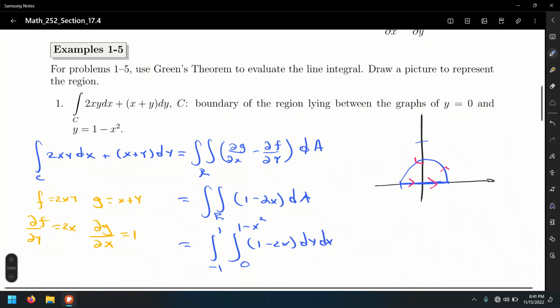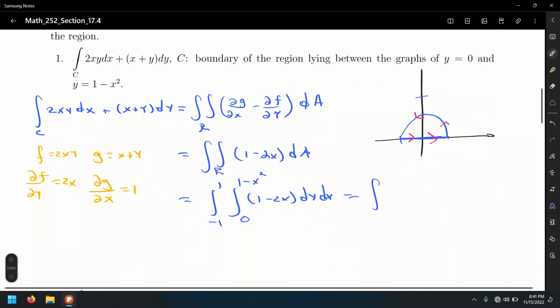You don't have to find them algebraically. That's fine. And let's evaluate this integral first with respect to y. So that's the integral from -1 to 1 of y minus 2xy evaluated from 0 to 1 minus x squared dx.